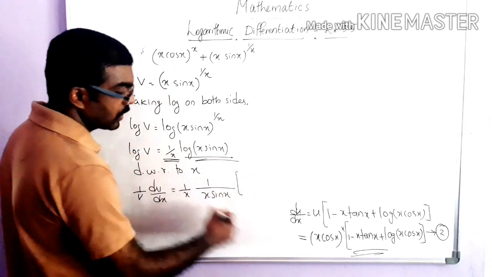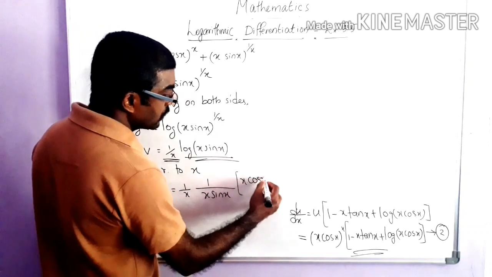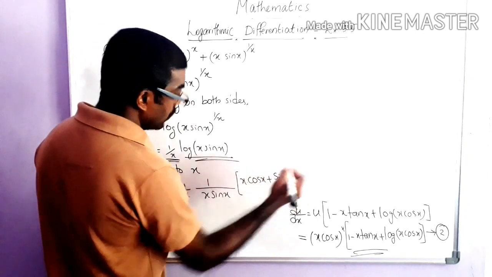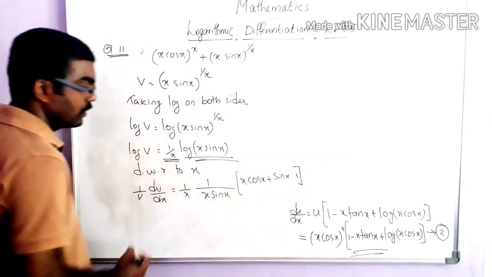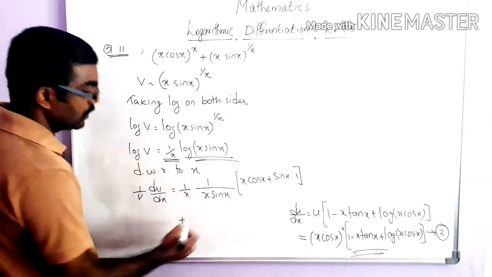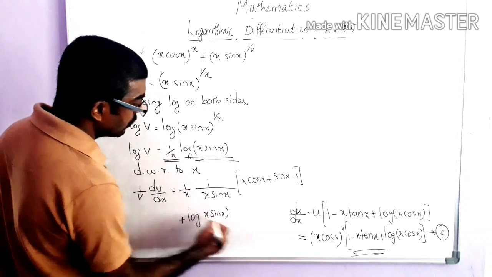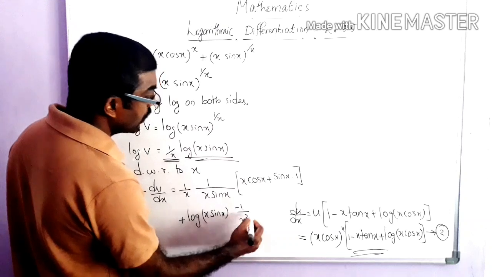Derivative of this one x sin x, product rule, x into sin x derivative cos x, then plus sin x into derivative first, that is 1, then plus second function log x sin x into derivative of 1 by x, and it is minus 1 by x square.